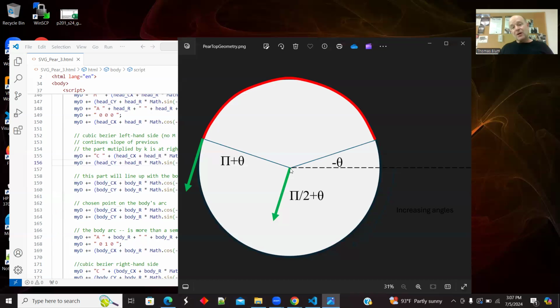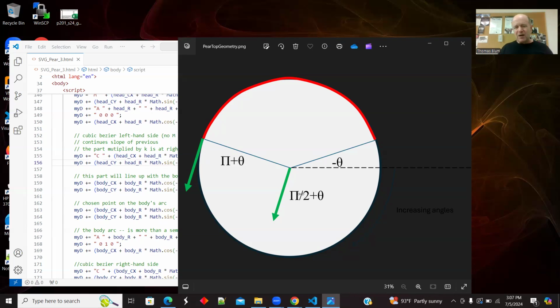Here I convinced you, I hope, that this was pi on 2 plus theta. But now when I'm on the body, I could say I need to subtract, or this pi on 2, I end up with another pi.